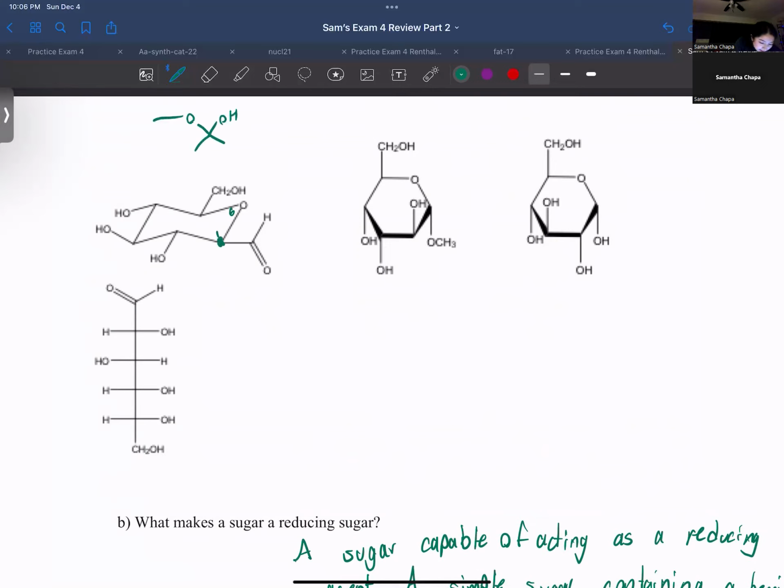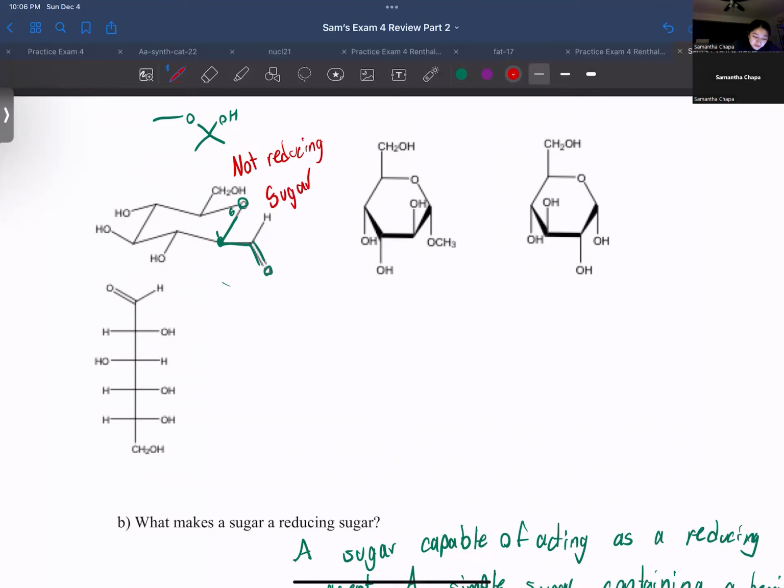For this carbon, I have an ether group right here, but it's taking away the alcohol that would have been needed for this to be a hemiacetal. So this is not a hemiacetal, therefore it is not a reducing sugar.